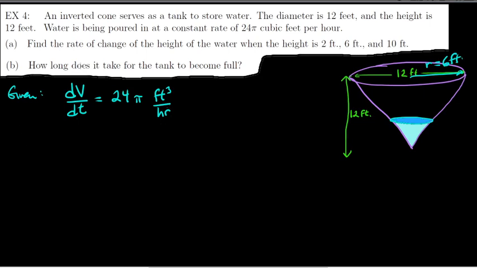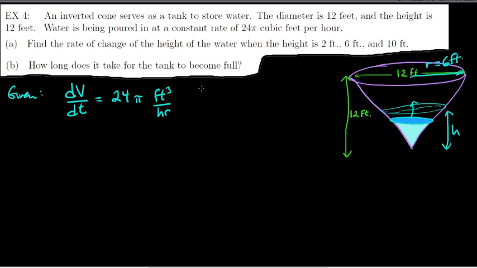Okay, so again, when you're given the rate, you're given the derivative. In this case, the derivative of the volume. So yeah, the water level is rising as we're filling this with more and more water, right? Which means the height is also rising, right? So the height is getting bigger.